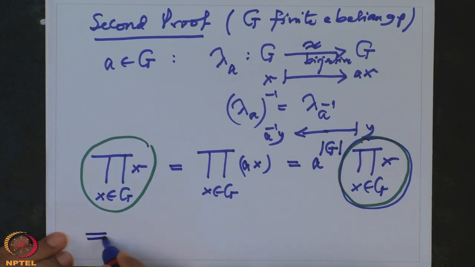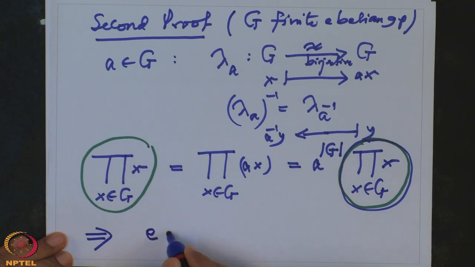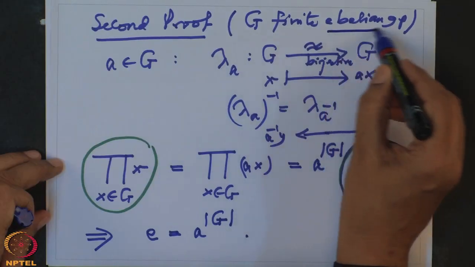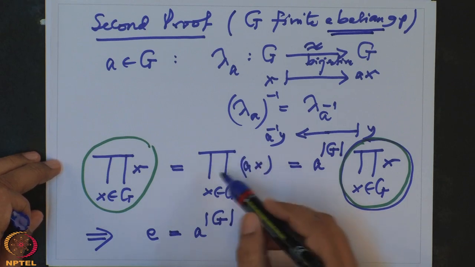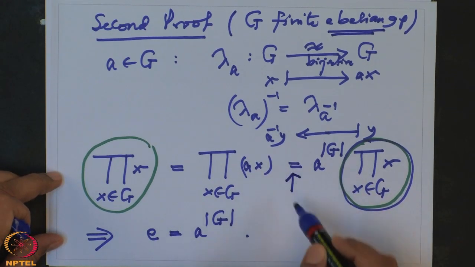When I cancel this element, one gets E equal to A to the power order of G. This is what we wanted to prove. So this proof obviously uses the fact that G is abelian, because I have taken out A so many times.